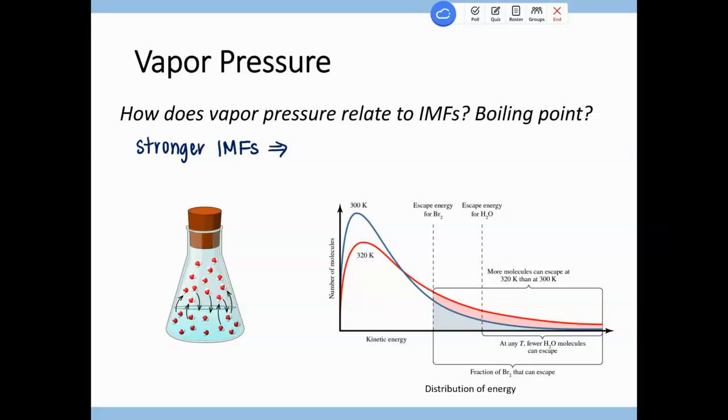All right, what do we think? If we have stronger intermolecular forces, what does that mean about the vapor pressure of that substance? Would it be lower because the molecules don't escape as easily?